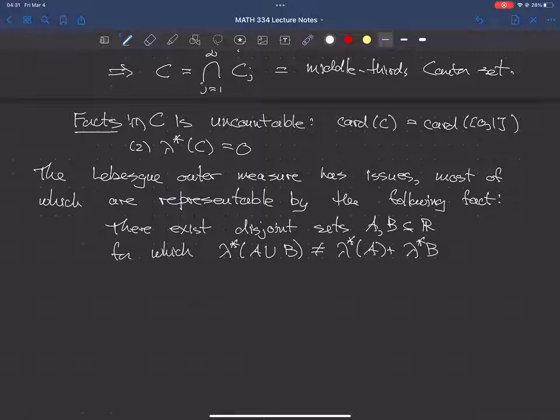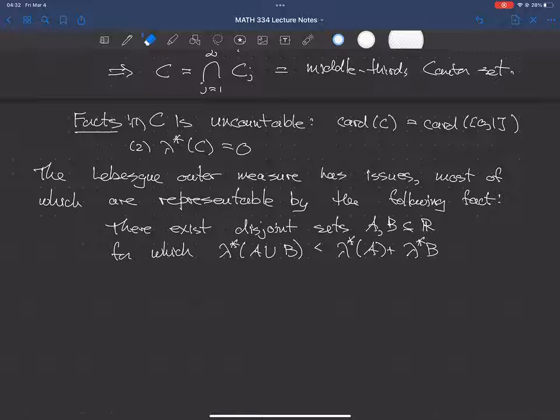So I know by countable subadditivity that this inequality is always true. And so what I'm saying is that for these particular sets A and B, that inequality is strict.